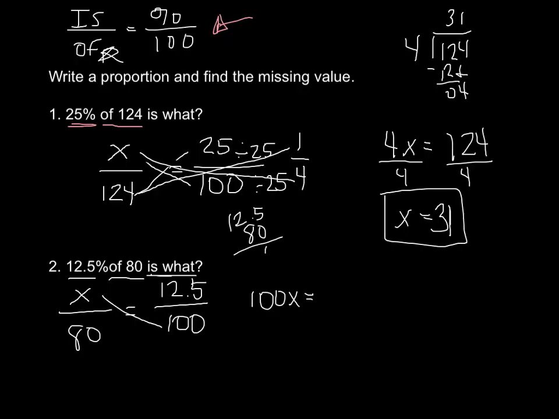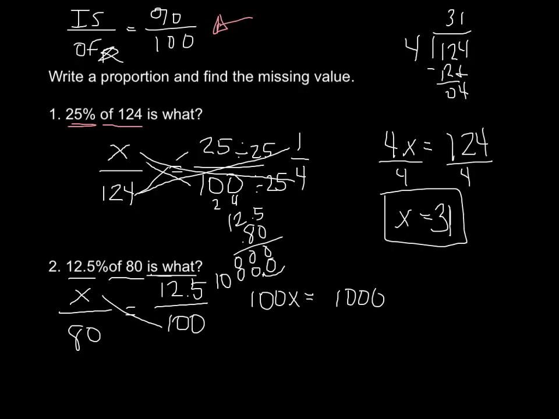Oh, so it would be 0, 0, 0, add my 0. 8 times 5 is 40. Times 2 is 16, plus 4 more is 20. 8 times 1 is 8, plus 2 more is 10. Bring it back once, so I would get 1,000. 100x equals 1,000. Okay.